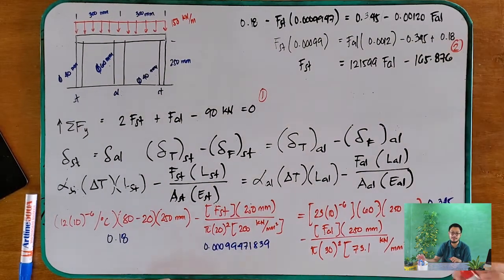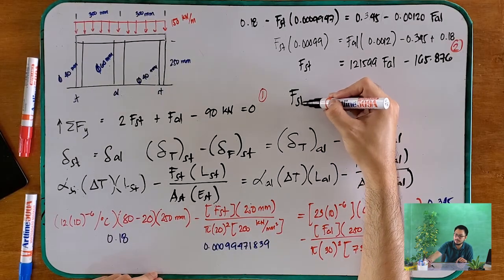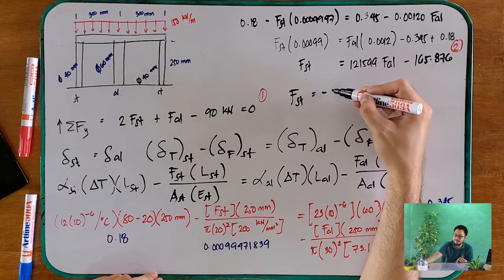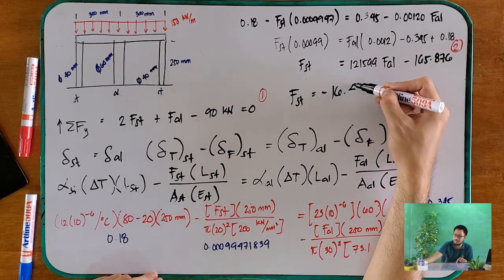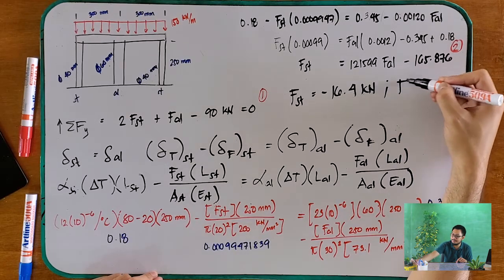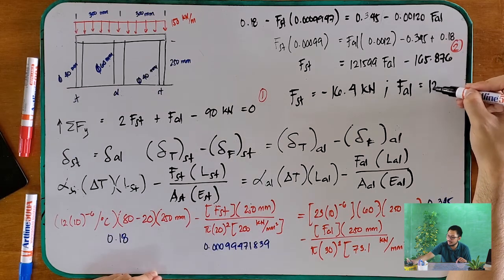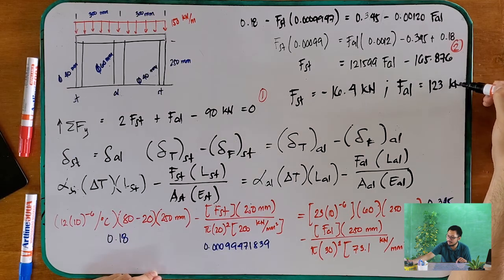Finally, using your two equations with two unknowns and your calculator, you will arrive at F steel equal to negative 16.4 kilonewtons, and F aluminum equal to 123 kilonewtons.